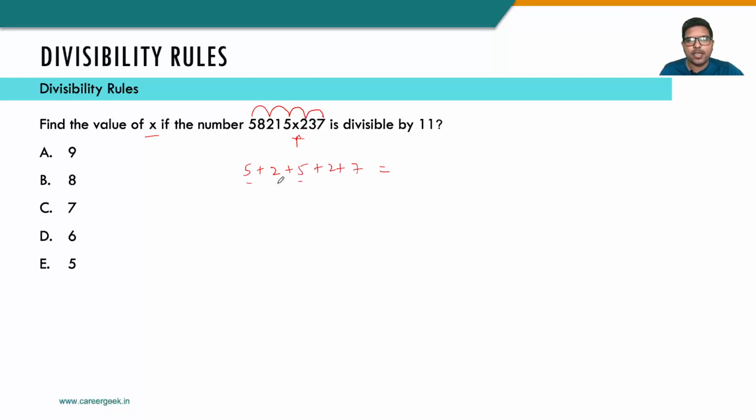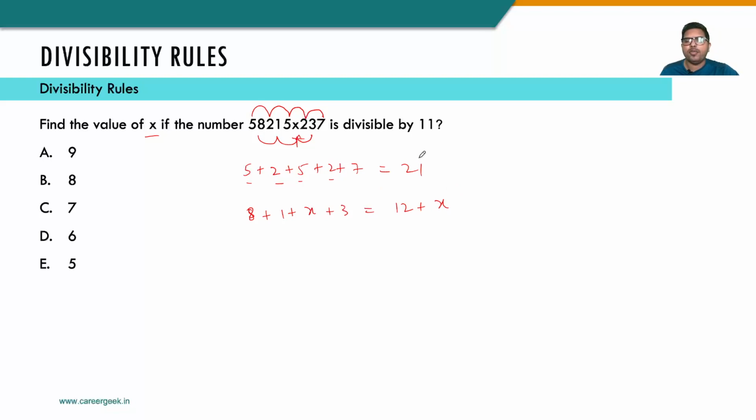So 5 and 5, 10, 2 and 2, 4, 14, plus 7 is 21. The sum of the other digits is 8 plus 1 plus x plus 3. So 9 plus 3, 12, plus x.